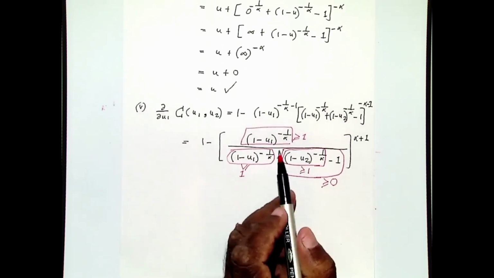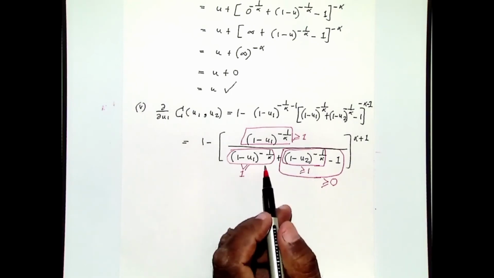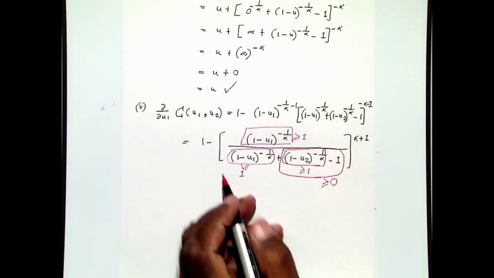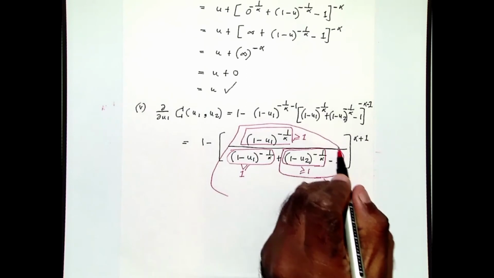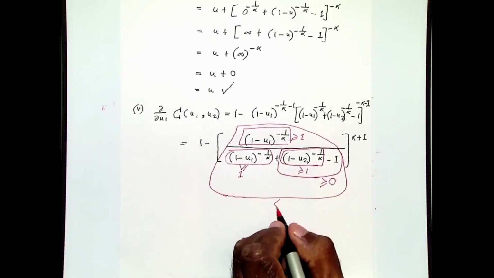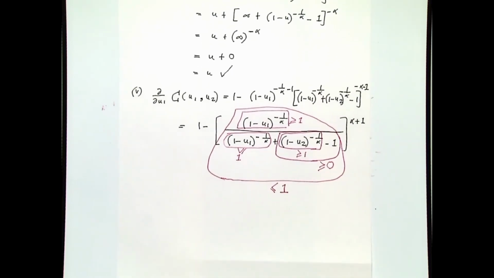So what you have is this. You have a number that is greater than or equal to 1 divided by a number that is greater than or equal to 1 plus a number that is greater than or equal to 0. So hence, this fraction here has to be less than or equal to 1. Right?